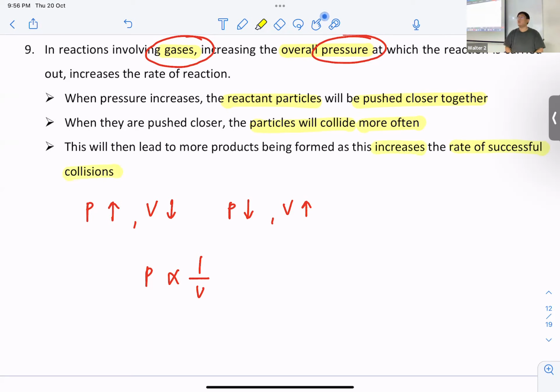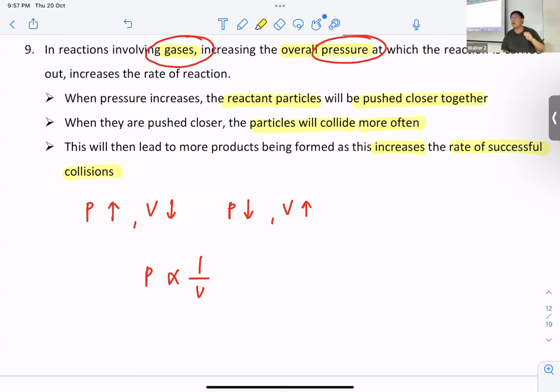And that will also increase the rate of reaction. Since this one is related to concentration, that's why I put it together with concentration. So don't have to stress out too much in learning all these things. The only thing you need to remember here is that pressure only affects gases, because only gases can be compressed. Understand?